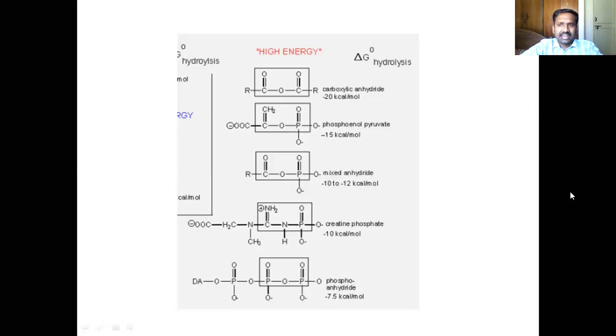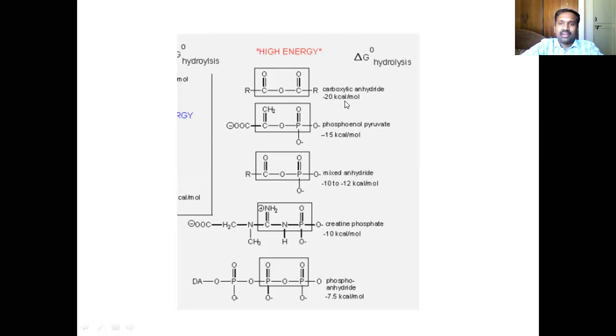So which are those reactions? Now look at this chart. This is a chart giving you a general picture of delta G for hydrolysis of particular types of bonds in biology. Can you see this bond? A carboxylic anhydride bond. If it is hydrolyzed, how much energy is liberated?